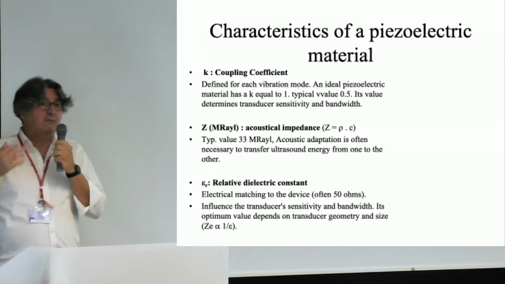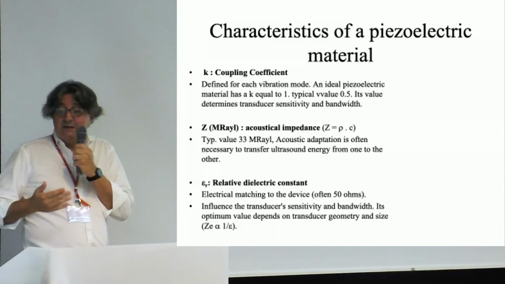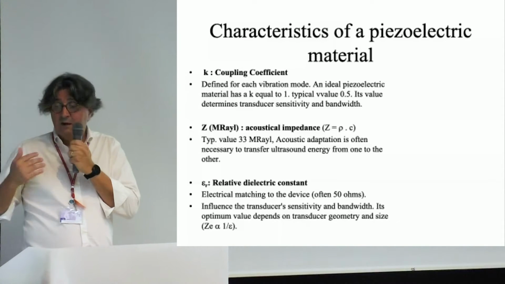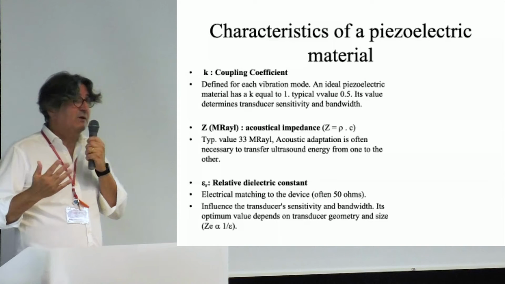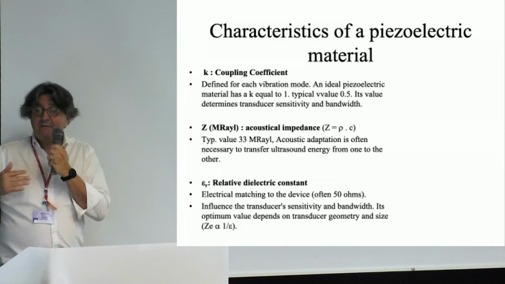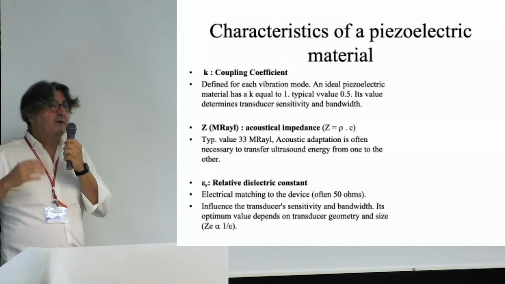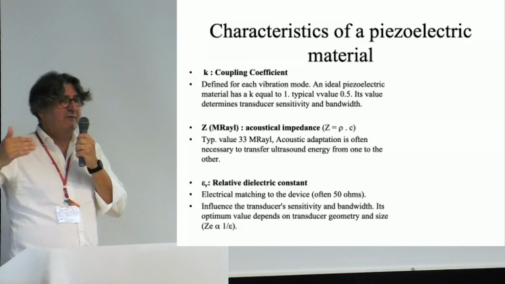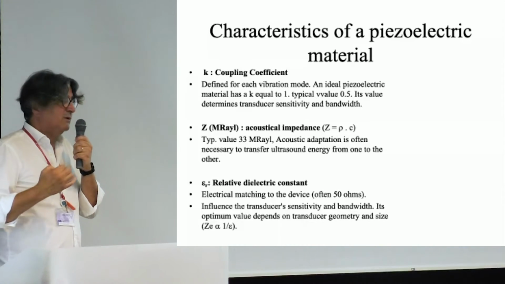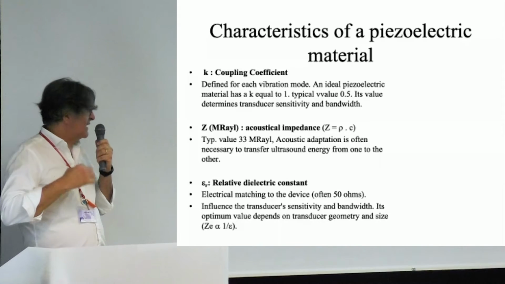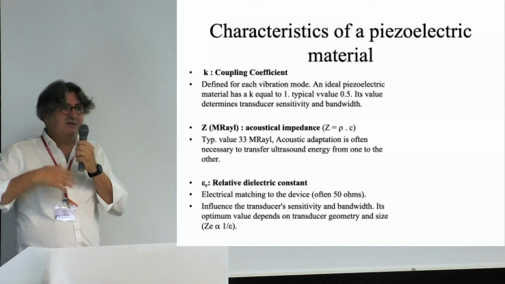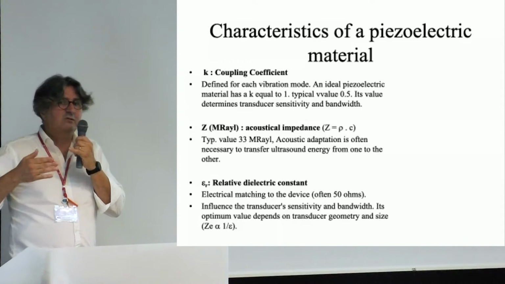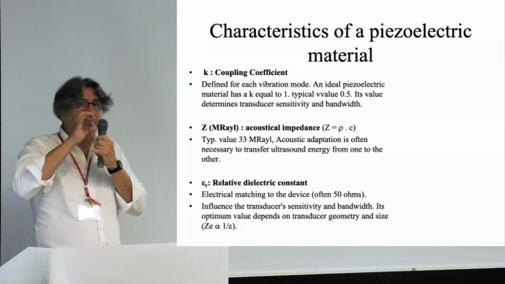And then we can see that all these parameters, especially the dielectric constant and the coupling coefficient, will have an importance on characteristics of the transducers that I will define later, but I can use the words right now. The sensitivity of the transducer is the ability of the transducer to detect very small objects, for instance.